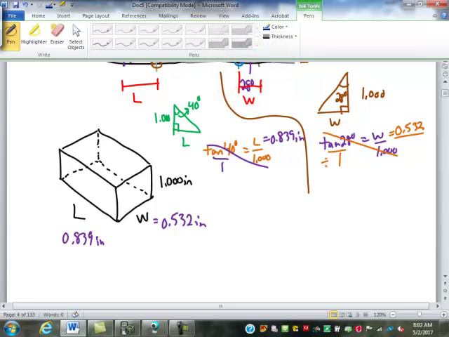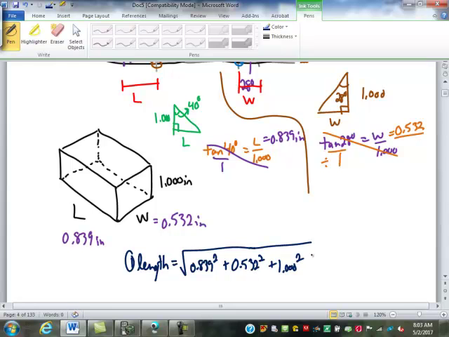From there, I can find everything else exactly the same way. I find my length. That's going to be the square root of 0.839 squared plus 0.532 squared plus 1 squared. That'll be my length. Now remember, this is not my actual length of cut. Whatever I get here, that number is the length of cut, assuming a 1-inch thickness.